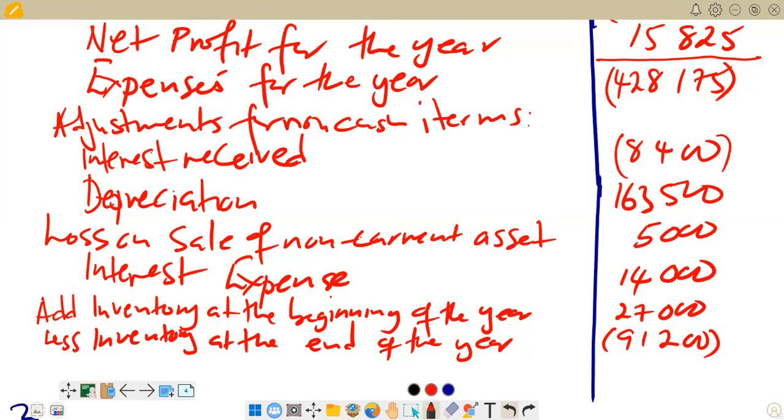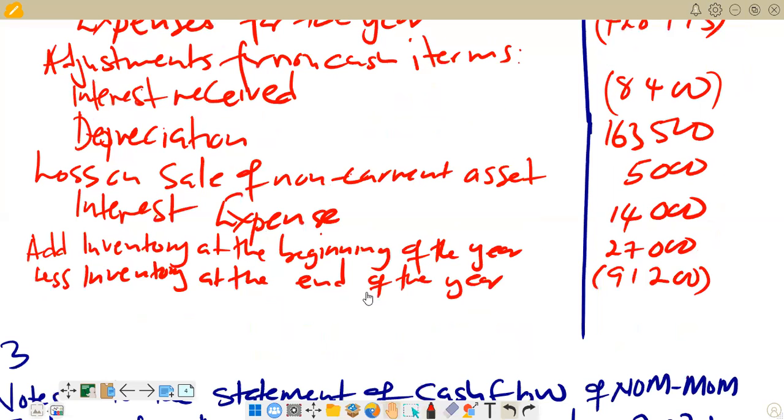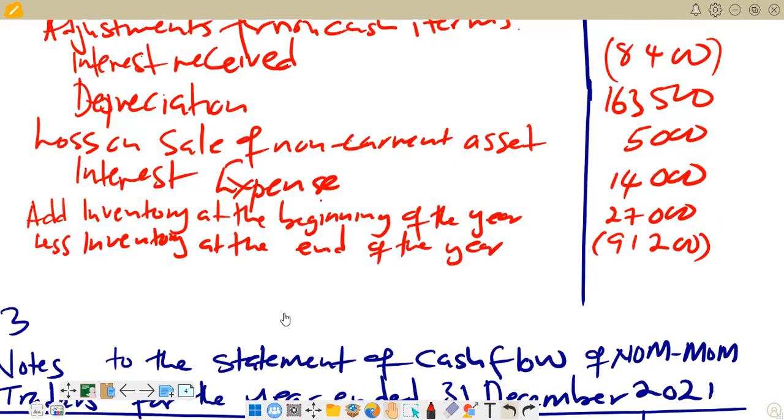And then after that, we now adjust for trade payables. So we are now doing the opposite. Here we were adding at the beginning, now we are subtracting at the beginning.